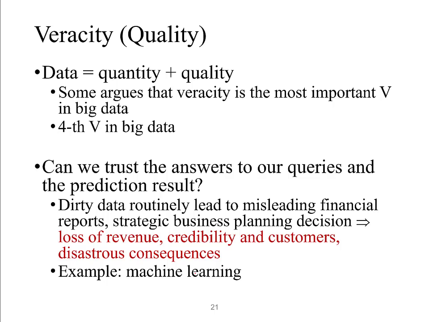So it looks like the volume of data is important to machine learning models. However, if the training data is not enough, we would be able to know it is not enough. And then we can use simpler models.